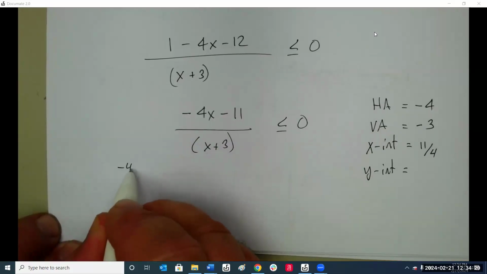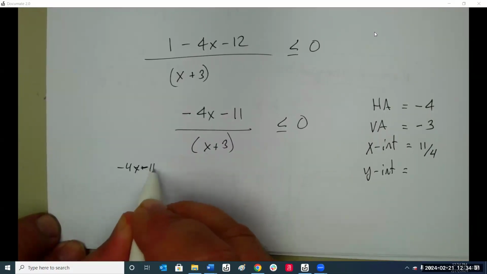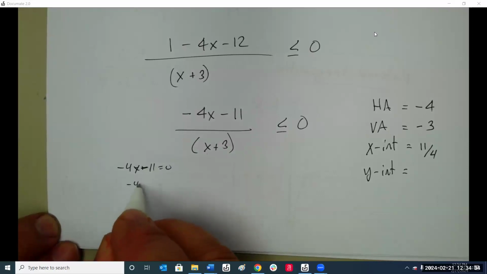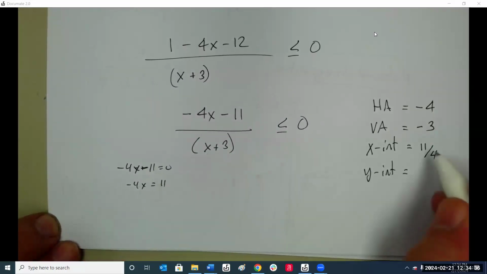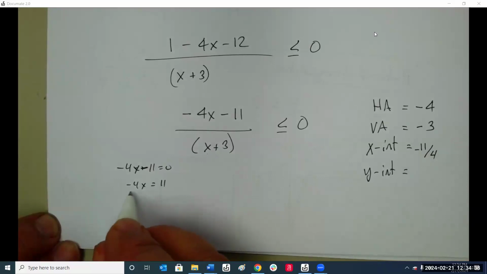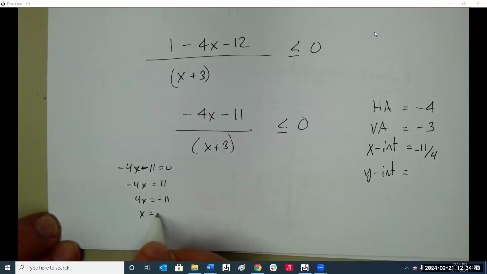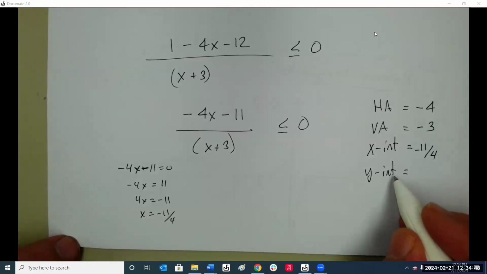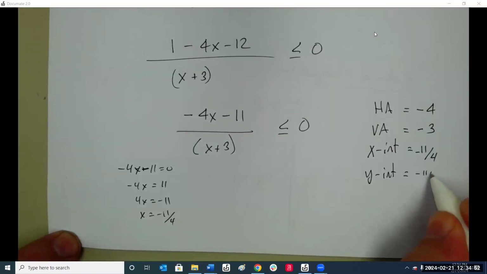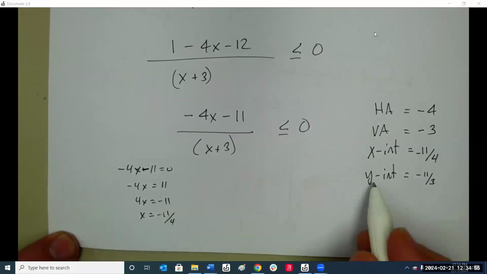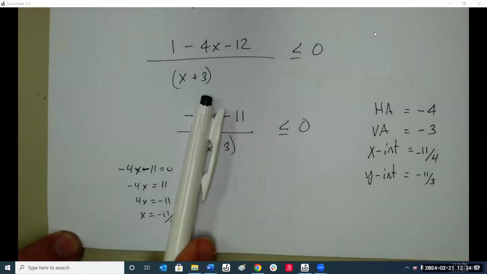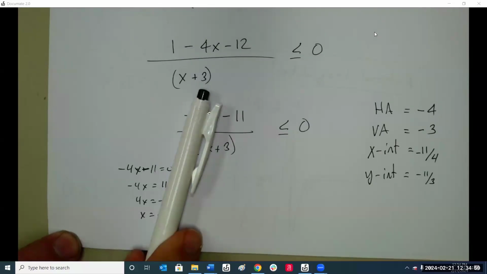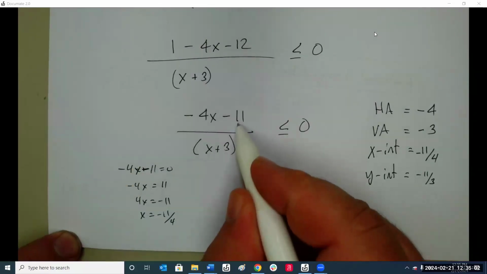Take the top, set it equal to 0. Negative 11. Change the sign. And then divide by 4. And the y-intercept? Set all the x's equal to 0, just whatever the constants are. So we have negative 11 over 3.